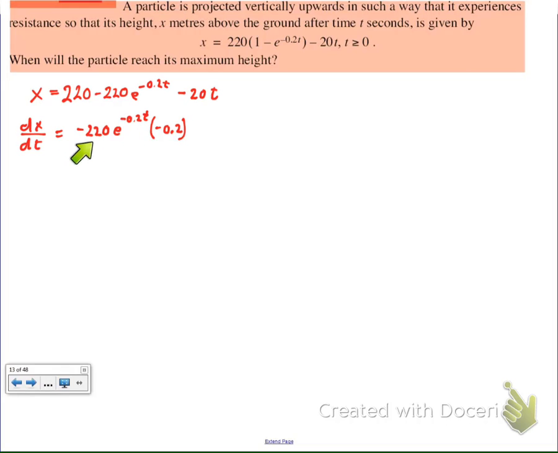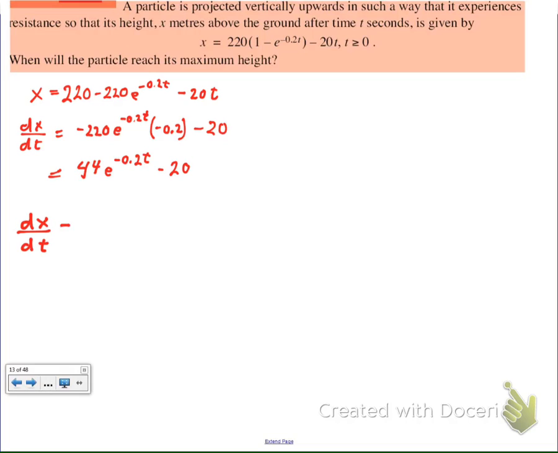So the derivative of an exponential function is the whole thing times the derivative of just the exponent. And then, of course, we have the derivative of negative 20t, which would be negative 20. That's my derivative, after I multiply the negative 0.2 times negative 220, which is a positive 44.